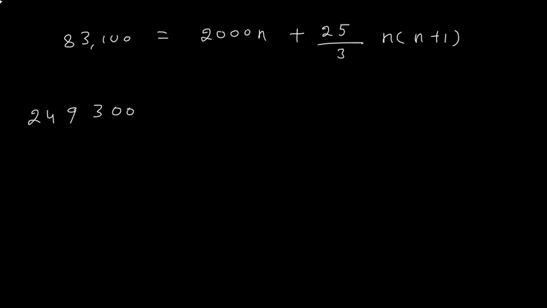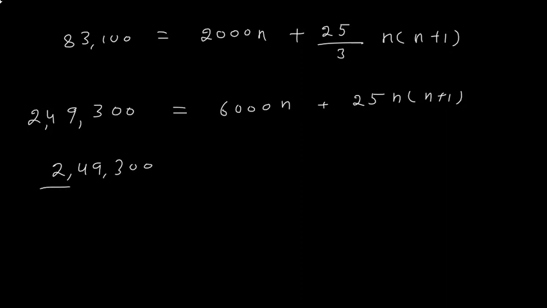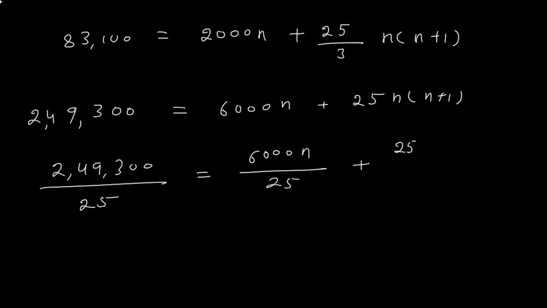2,49,300 is equal to 6,000n plus 25n into (n plus 1). Now I can divide all the numbers by 25. So 2,49,300 divided by 25 will give us 6,000n divided by 25 plus 25n into (n plus 1) divided by 25.